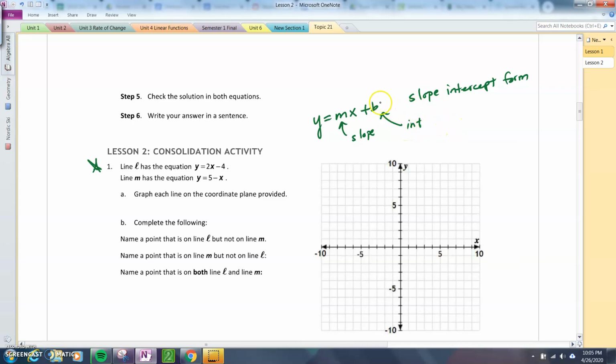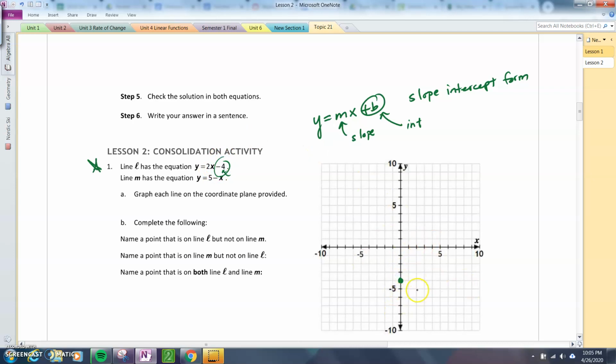That's where you know the line is going to hit the y-axis. In this case, your y-intercept is 4, but there's a subtraction. This is actually a negative 4. So we're going to mark right here.